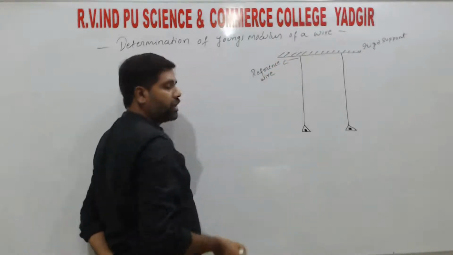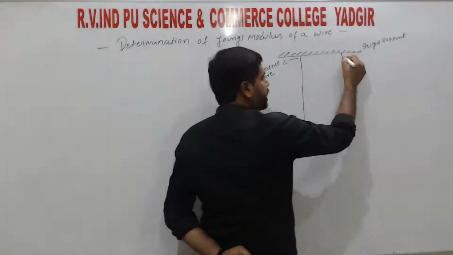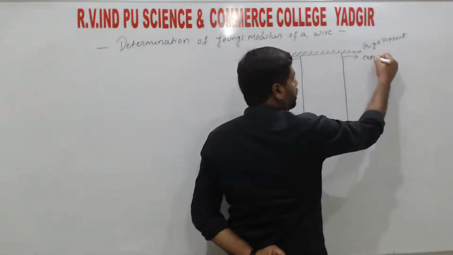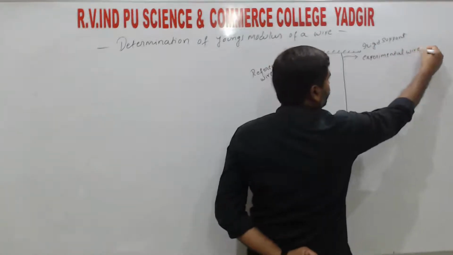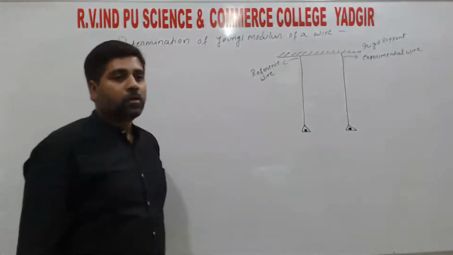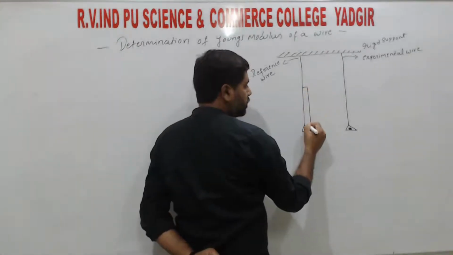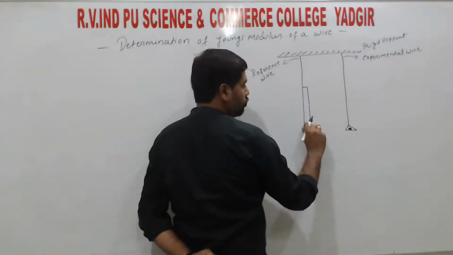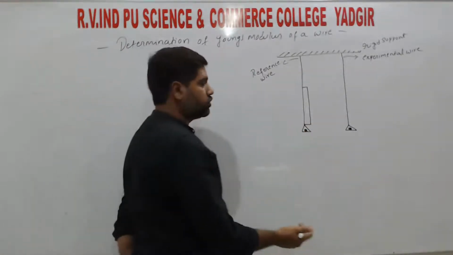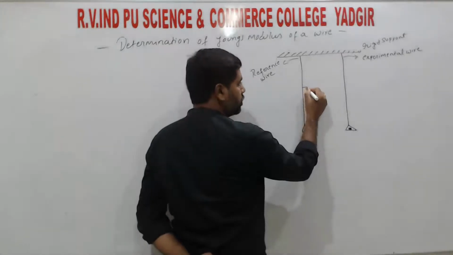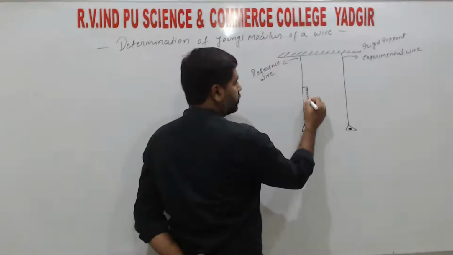We have taken one wire as the reference wire. The other wire we take as the experimental wire, right? Onto the reference wire we fix one meter scale. Like the centimeter scale or meter scale you use in daily life, that is fixed to the reference wire.